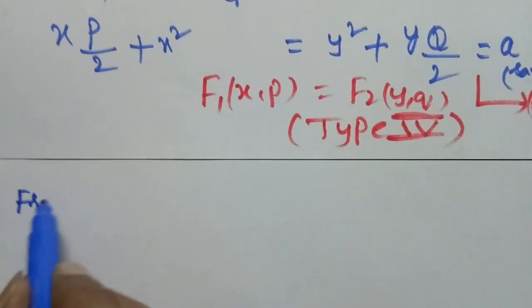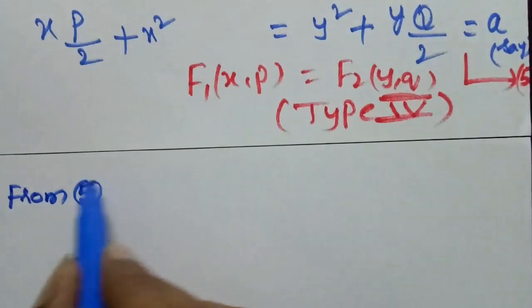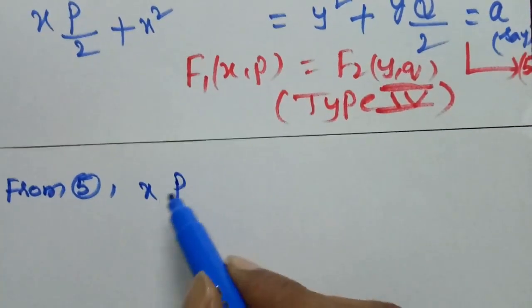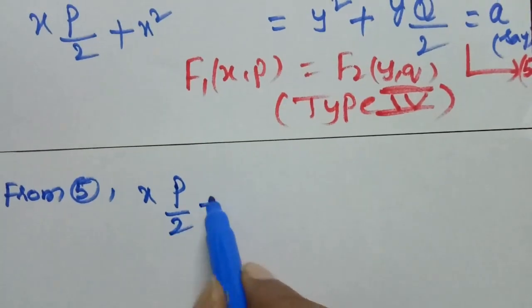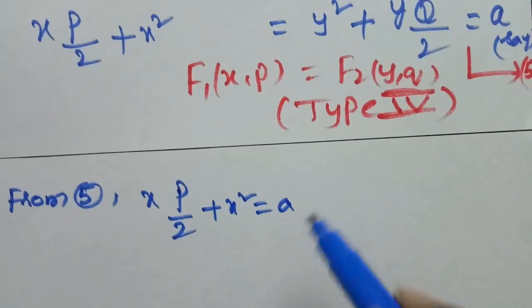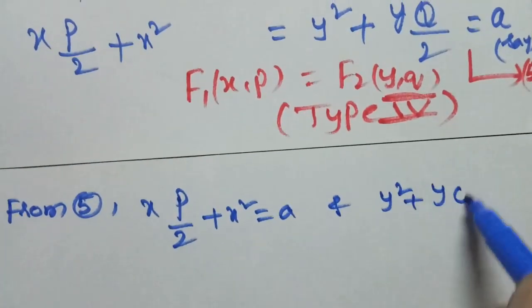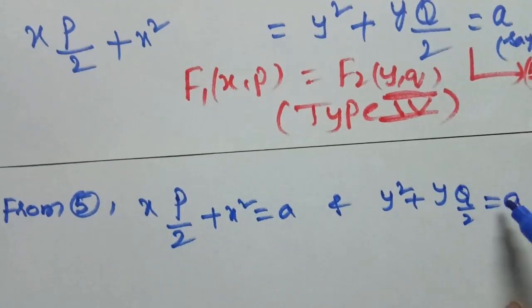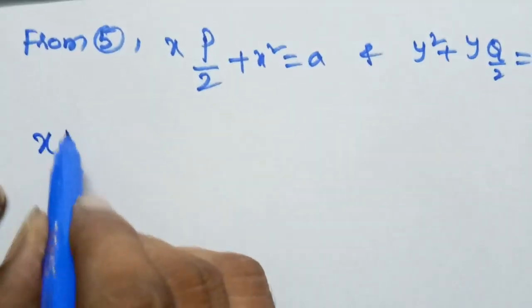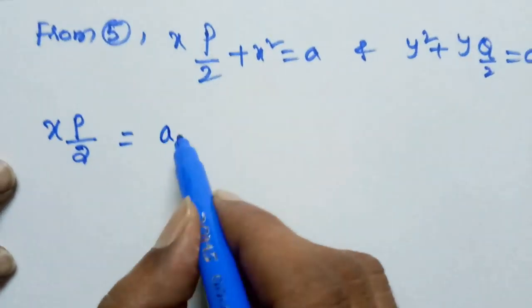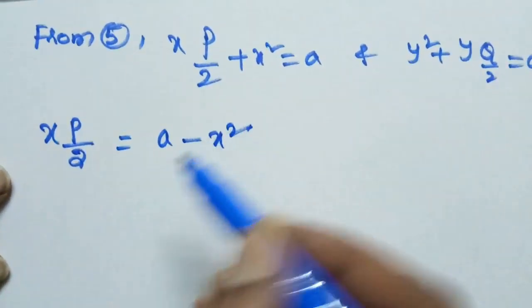From equation 5, this can be written as x into capital P by 2 plus x square is equal to a, and y square plus y into capital Q by 2 equal to a. Therefore, from this, x into capital P by 2 is equal to a minus x square.